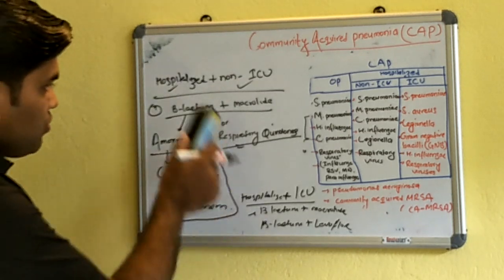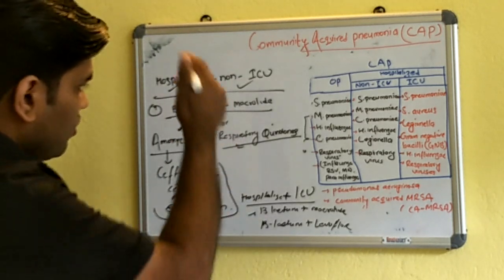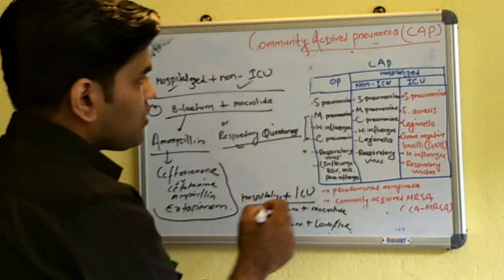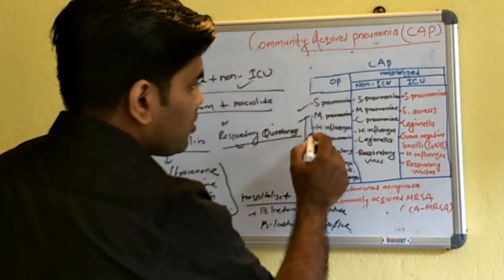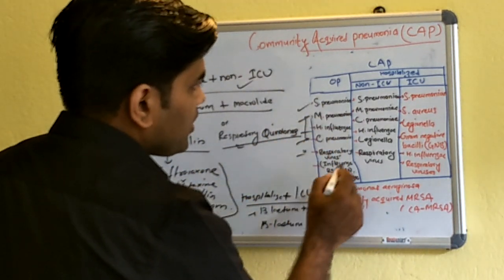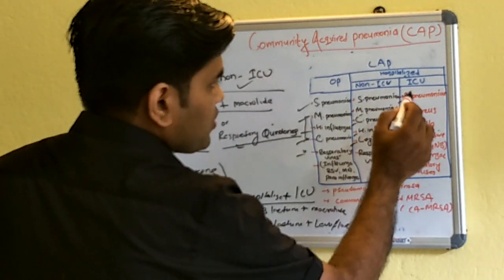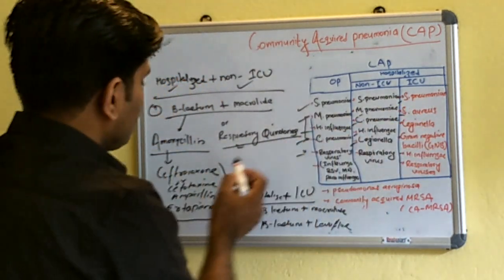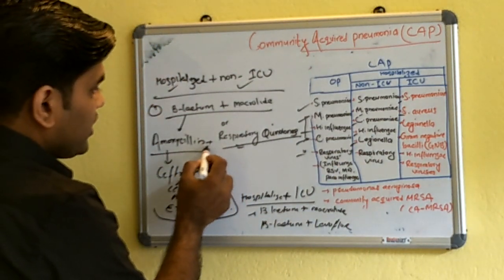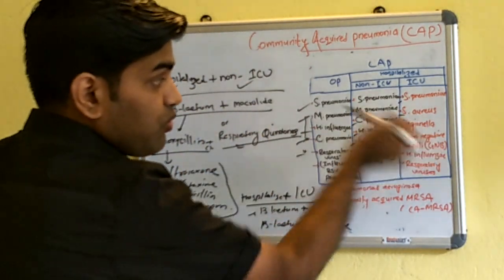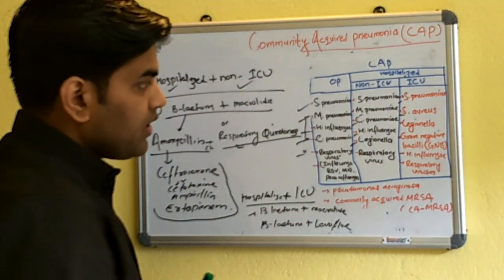Okay, all the drugs I have discussed will cover your Streptococcus pneumoniae, Mycoplasma pneumoniae, Haemophilus, Chlamydia, Haemophilus influenzae, Legionella, everything. If Staph aureus is to be covered, amoxicillin-clavulanic acid will cover that.